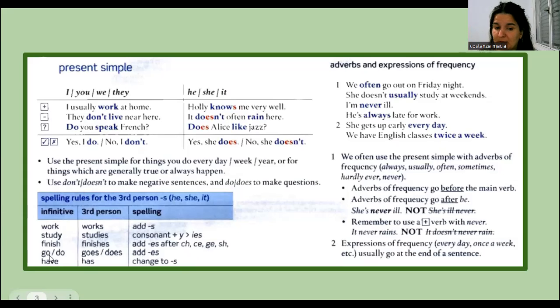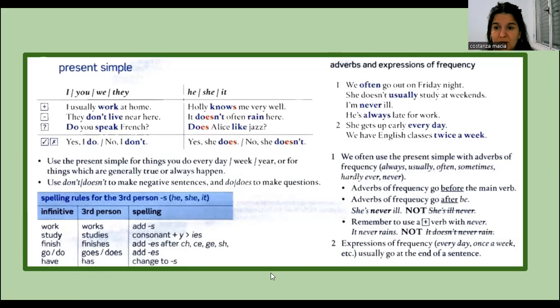The same happens with these 2 exceptions, go and do. They just change, goes and does. And the verb have, which is different. I have, she has. Okay. Well, these are rules. I don't know if there is much more to help you than, well, memorize. And this makes sense, yeah, because if not, you cannot pronounce.